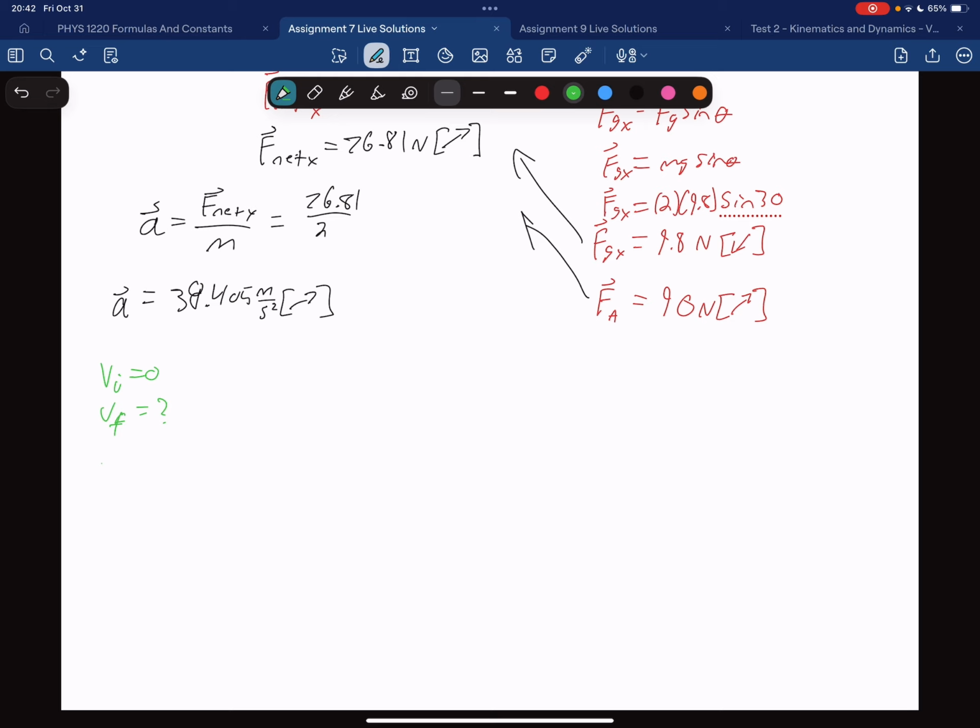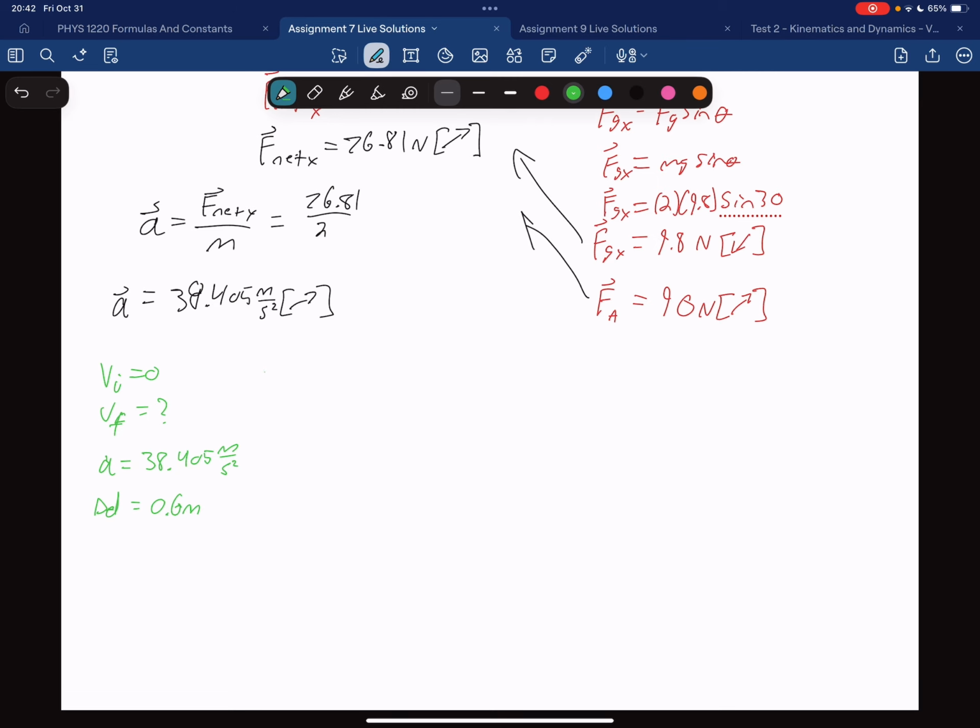And we know what the acceleration is. We just calculated that, 38.405 meters per second squared. And we know delta D, that is 0.6 meters, given to us in the beginning of the question.